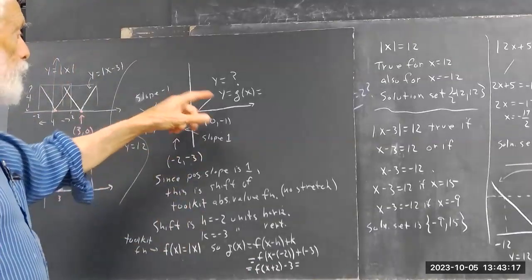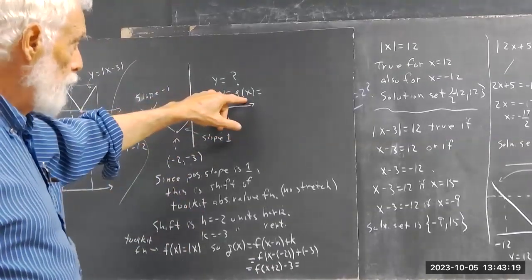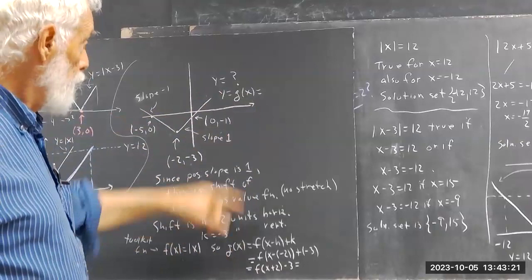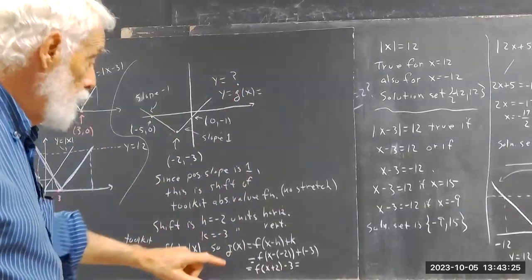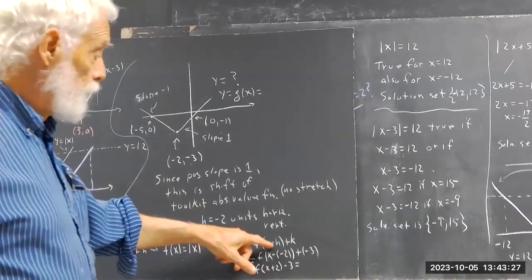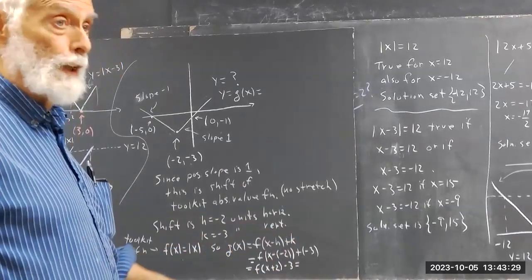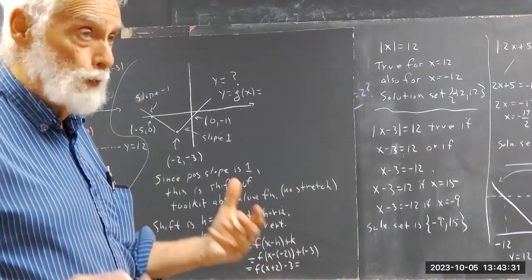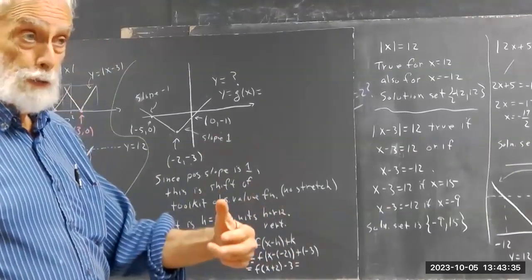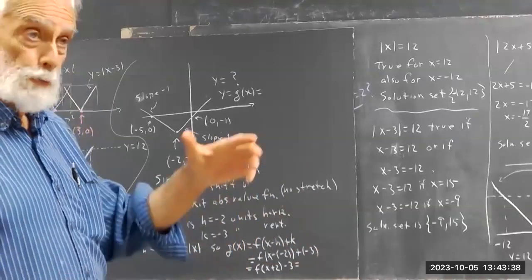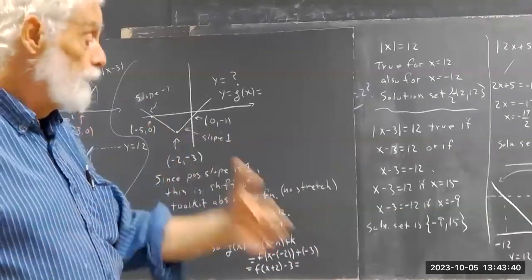Well, if this function is now g of x, and I write y equals g of x up here to indicate that this is g of x, this function should match this one. g of x is f of x minus h plus k. That's always the case if you shift a function h units in the x direction, k units in the y direction. Now, if there's a stretch, you have to do that first, so that changes the function you're shifting.